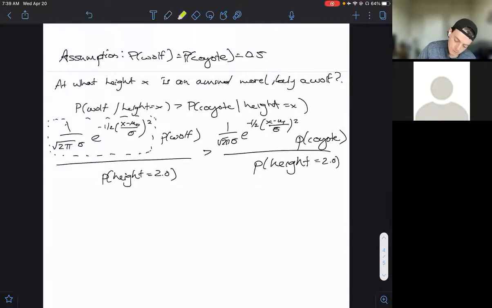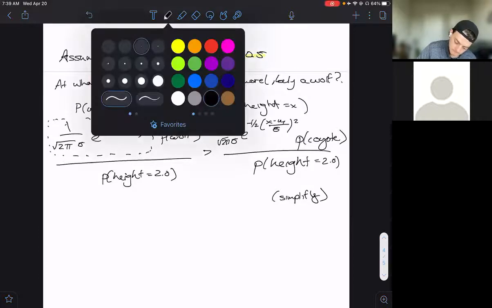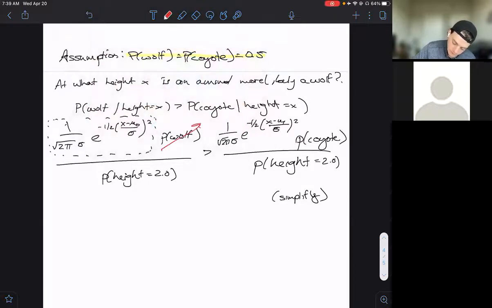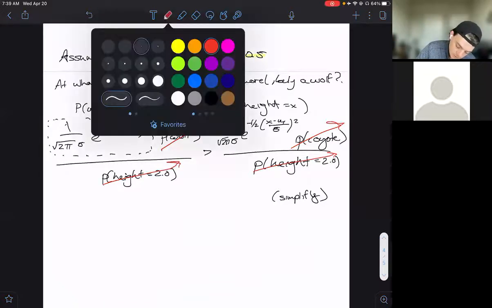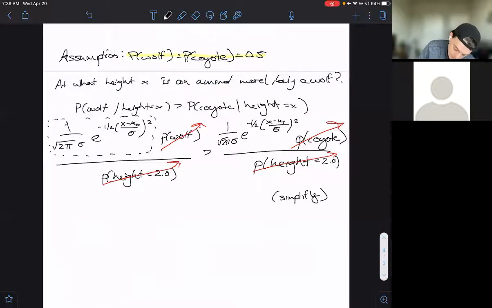Now, note from before, since we have the probabilities being equal, we can simplify and basically get rid of this, and then get rid of these two since they're the same. So we're basically just simplifying on both sides. And what we're left with is exactly the normal equations with the different mu's.